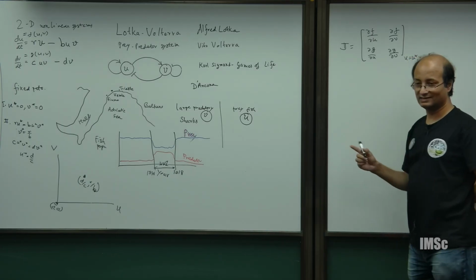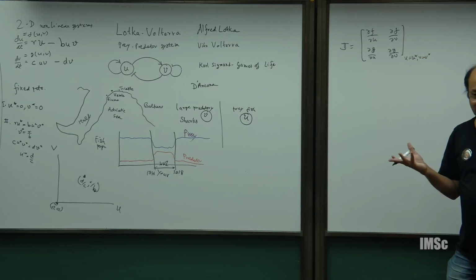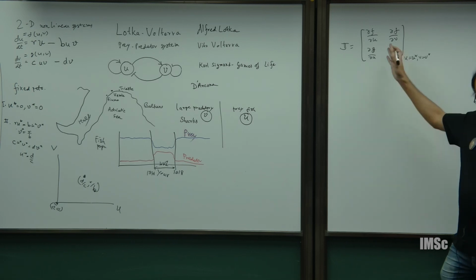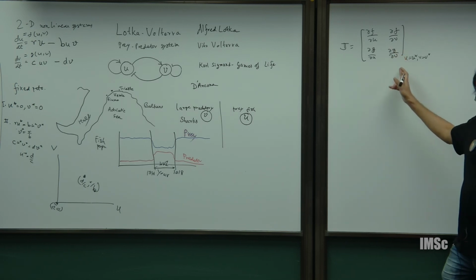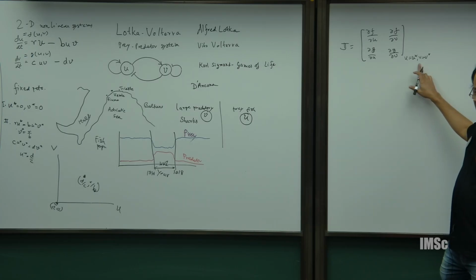For linear systems, u and v were not appearing because they go away when I take the partial derivative. But for nonlinear systems, u and v will appear, and they have to be replaced by the corresponding fixed point values.